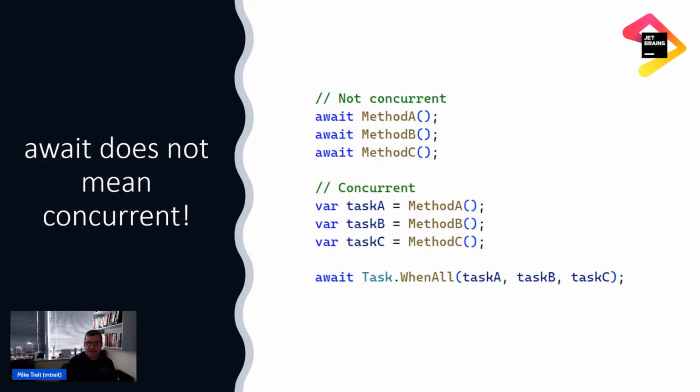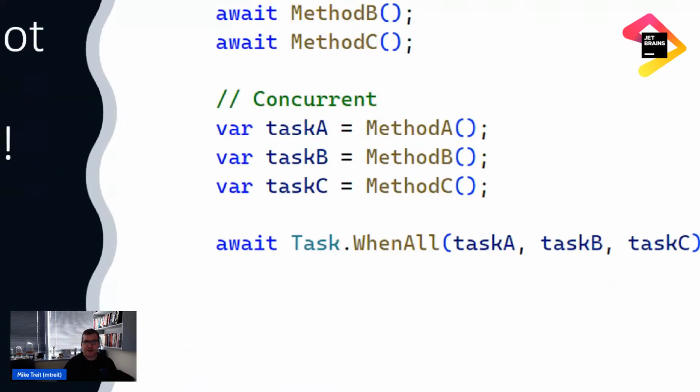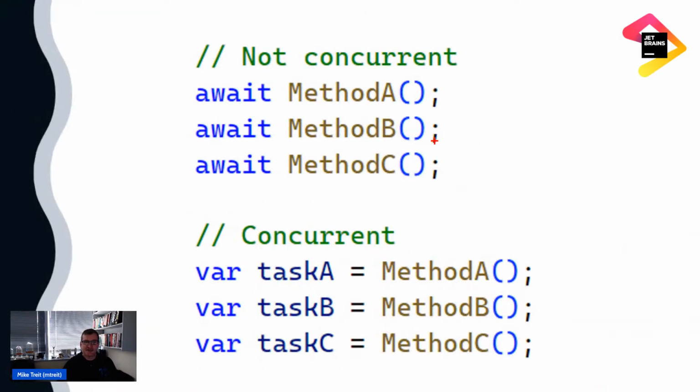Await does not necessarily mean concurrent. This is a misconception that I've seen where people think, like in this first example up here where we have await, that somehow this is running stuff in parallel. And this isn't, right? Method B will never run until the await of method A completes. Then method B will run, and method C will run when that completes. These are all running basically sequentially.